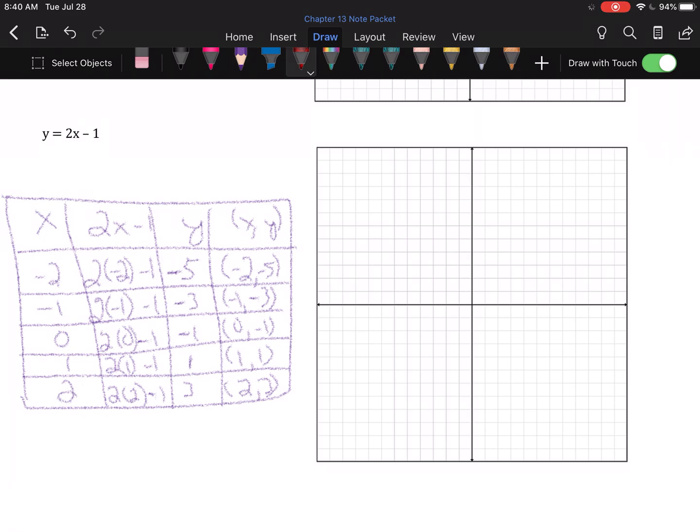So there's our XY table. Now we just have to plot these points. Remembering all of that is counting from the very center.